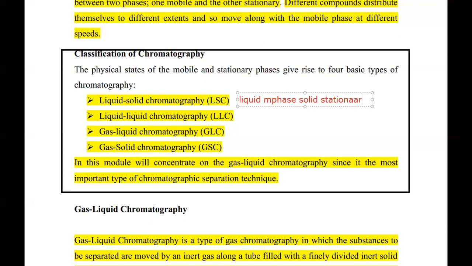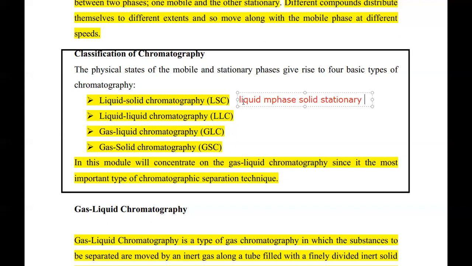And then the solid is the stationary phase. We understand very well that a solid cannot be carried on top of the liquid. It's not making sense. It's a liquid that has to slide on a solid. Even if you have a liquid somewhere, there must be a solid where that liquid is being kept.